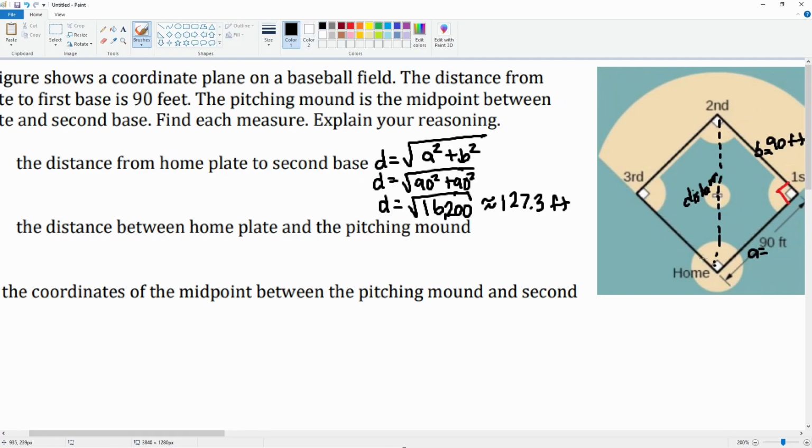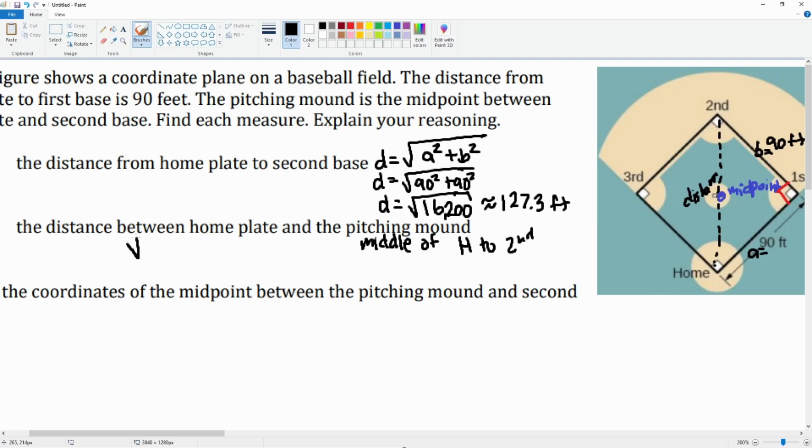Well, here, the pitching mound we know is right here, and we say that it is in the midpoint. So it would be half of that. So we would halve the distance, because the pitching mound is in the middle of home plate to second base.